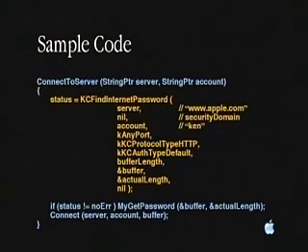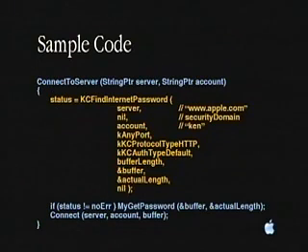So in this case, KC find internet password takes a series of arguments, and the first argument it takes is the name of the server. And so I can just pass that in, the server in this case that I'm interested in. It takes a security domain argument, which is a string. In this case, I'm not concerned about the domain, so I pass nil. I pass in my account name. I can pass in a port. Since I'm not concerned about a particular port, I can pass the constant any port.